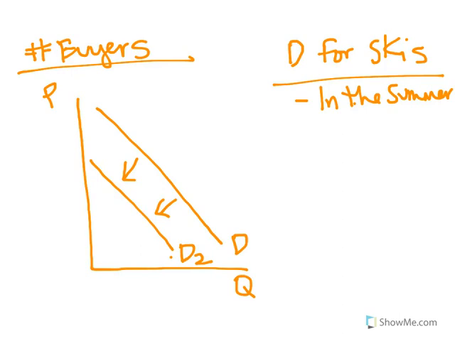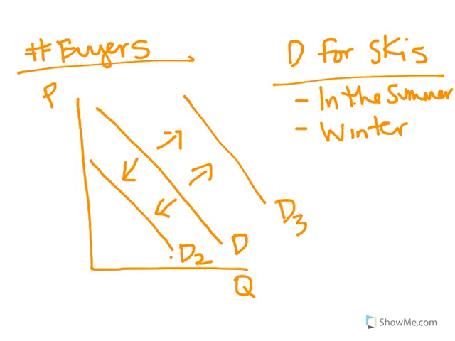Whereas if we said what happens to the demand for skis in the wintertime, well, in the wintertime, our local mountains generally have snow, which means the number of buyers is going to increase. There's going to be more people wanting to buy skis. Therefore, the demand for skis would increase in the wintertime because the number of buyers in the market would increase. So again, anytime the number of buyers increases, it will increase demand, and anytime the number of buyers decreases, it will decrease demand.